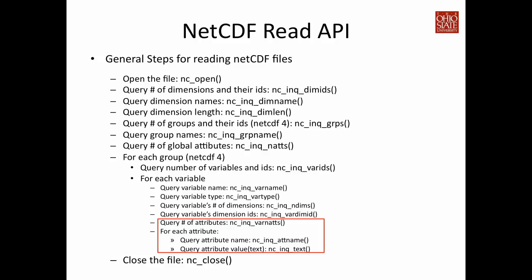So you can query for each variable how many attributes it has, and for each attribute, you can query the name and also the content. Finally, after you read all the information out, you are ready to allocate space, assuming you're using C language, and read the data out. After you're done with that, you close the file, you're done.